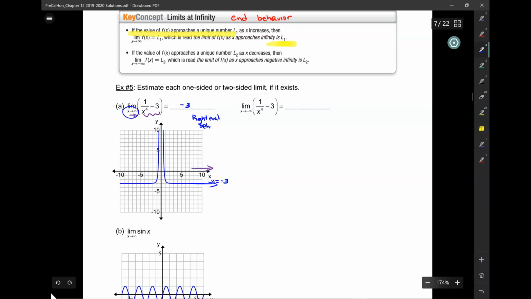And you've been doing this since algebra 2, so you're used to that. Here, we're looking at the limit as x approaches negative infinity. So as I move to the opposite side, this is the left end behavior.